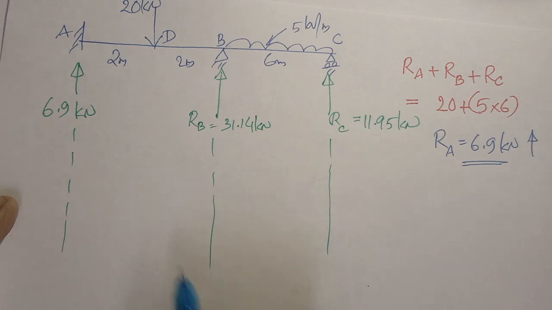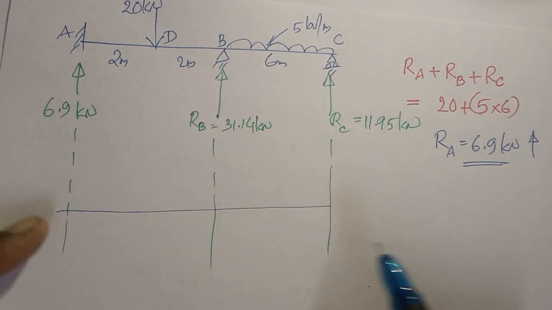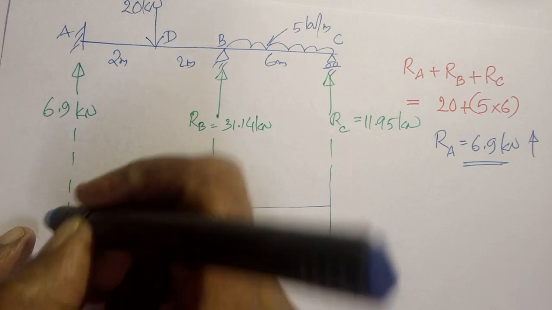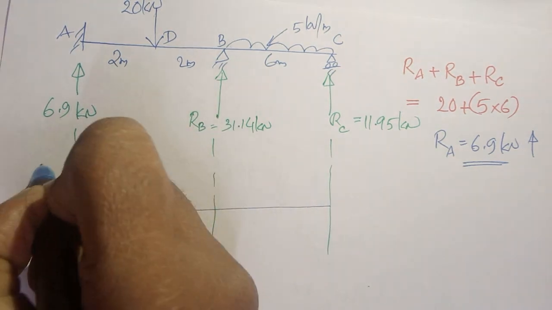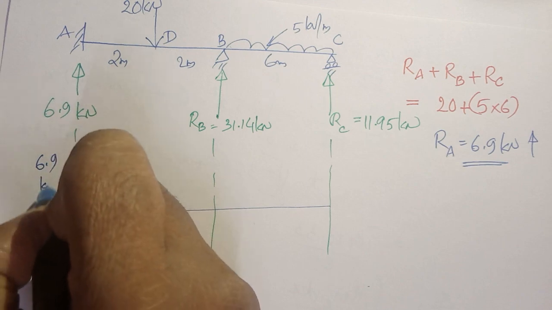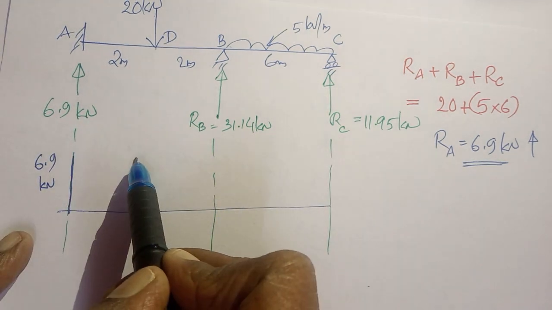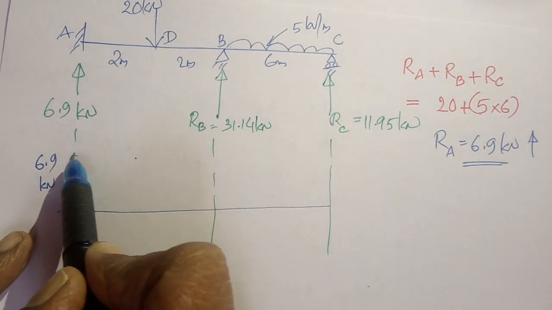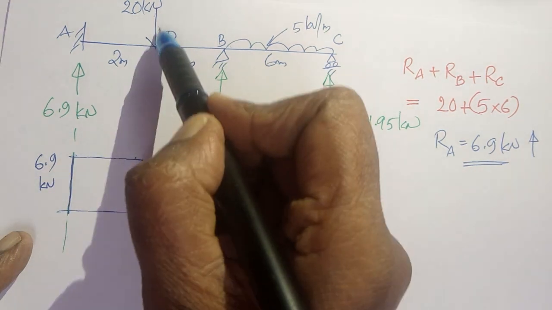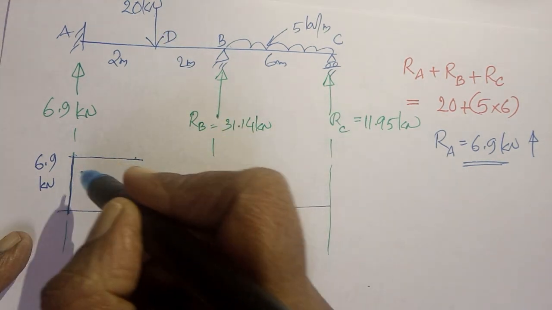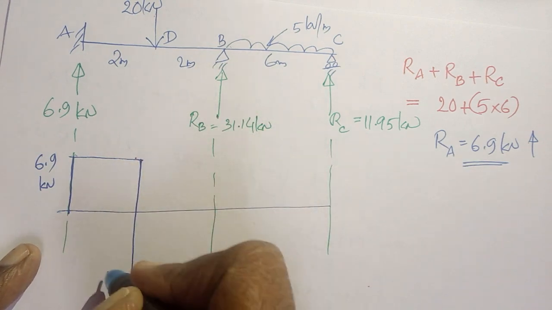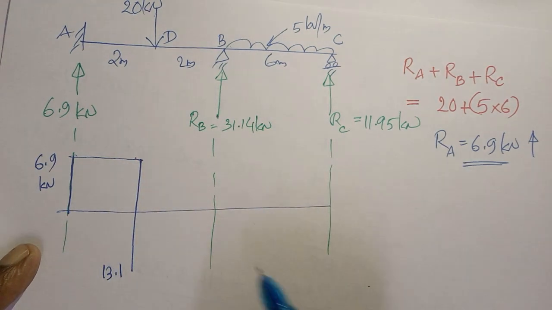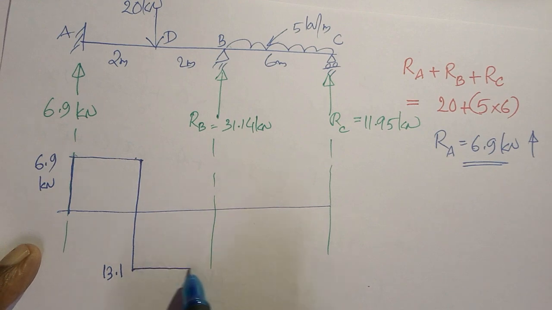We draw a horizontal line. 6.9 upward, so mark 6.9 to some scale. Up to this there is no load, so it is straight. Suddenly 20 kilonewton load is acting downward. So 6.9 minus 20, it will be minus 13.1. Then up to here there is no load.